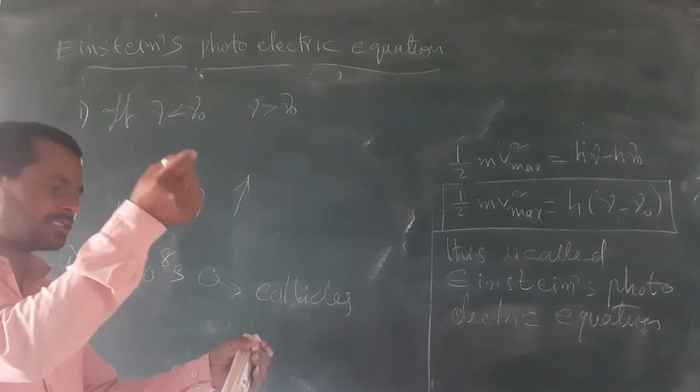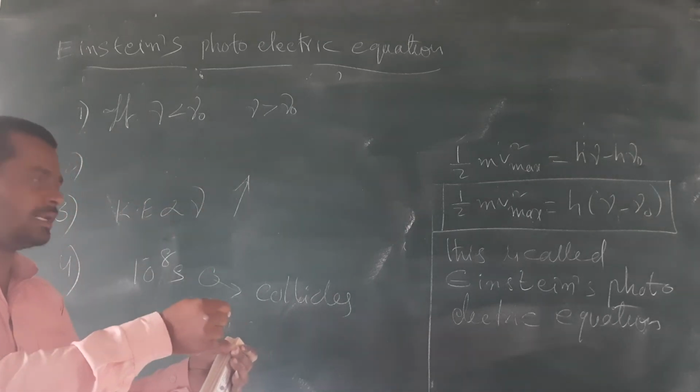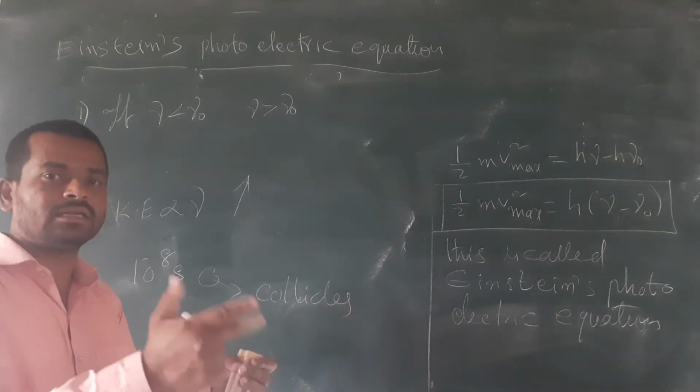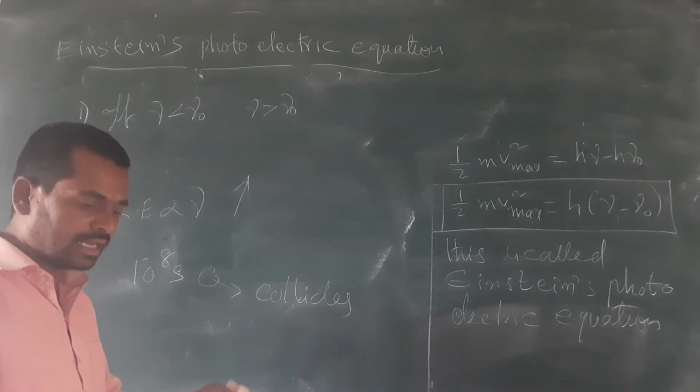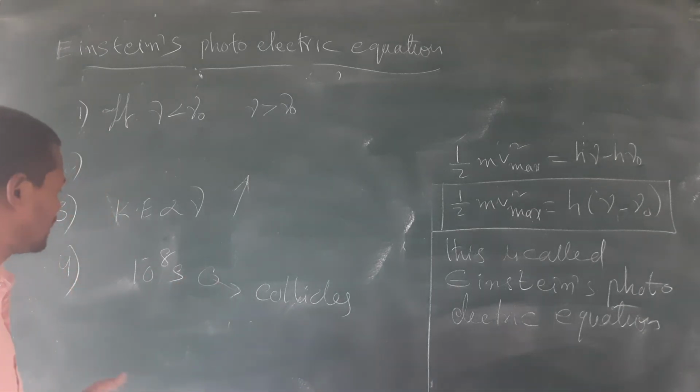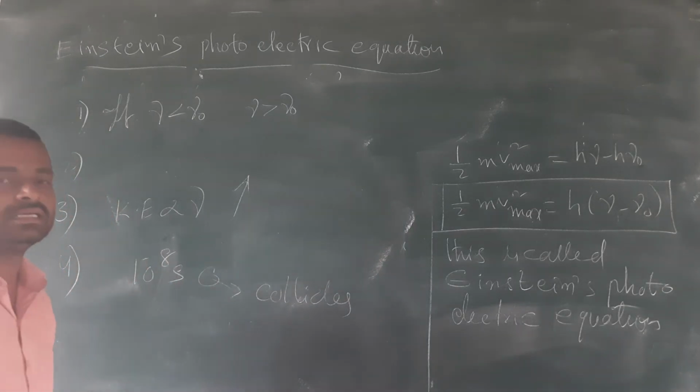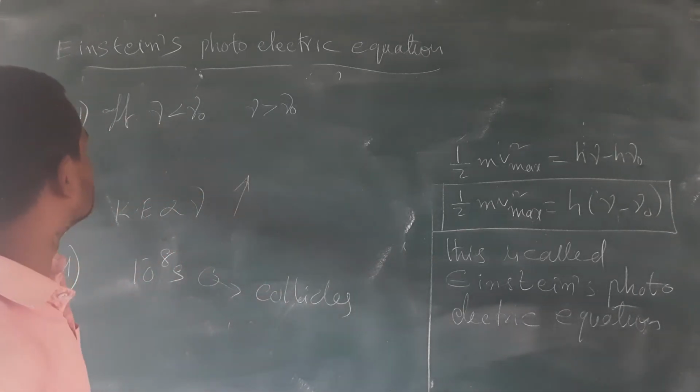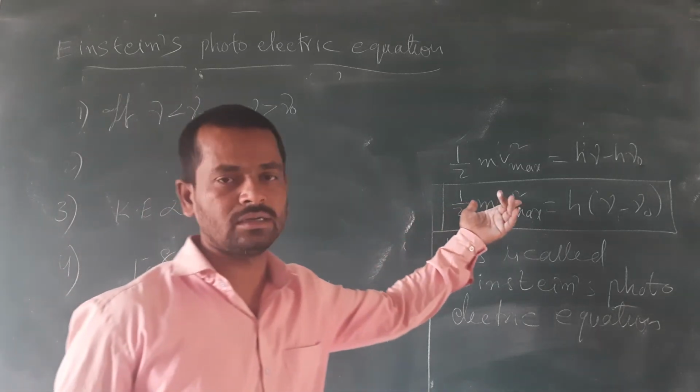So how much time does it take for the electron to come outside? 10⁻⁸ seconds. These are the certain points regarding the given equation.